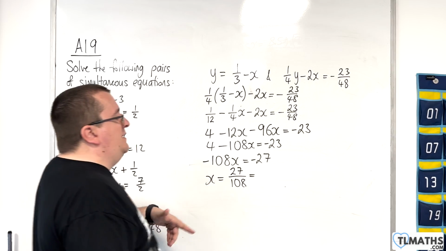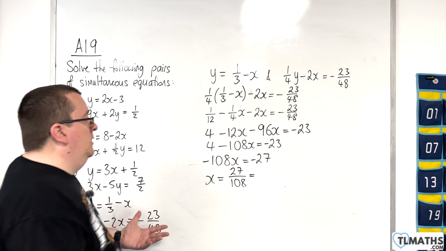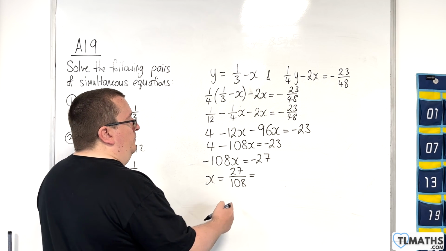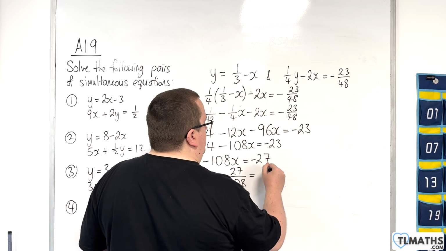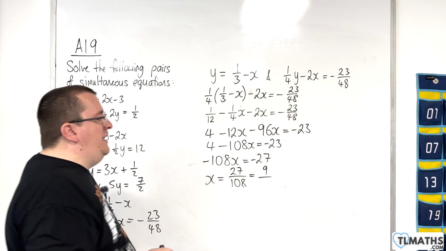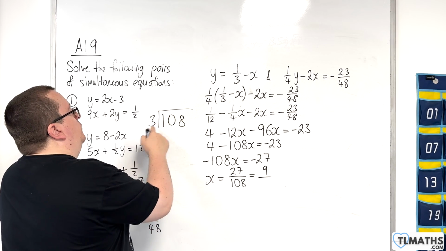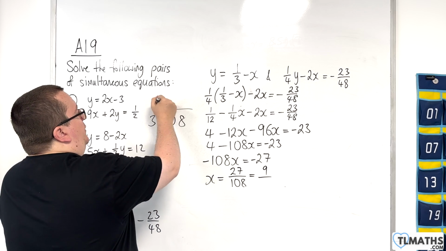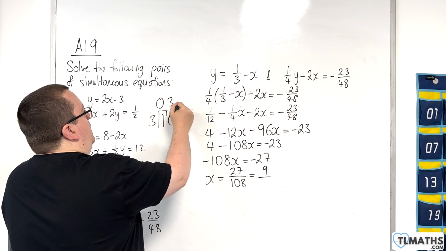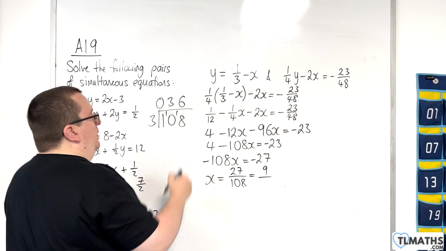If you don't spot it, let's divide it by 3 first. So top and bottom divided by 3. 27 divided by 3 is 9. 108 divided by 3. 3's into 1 goes 0. 3's into 10 go 3. 3's into 18 go 6, so 36.